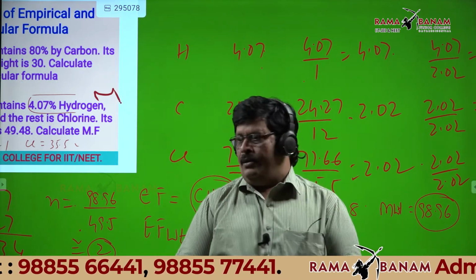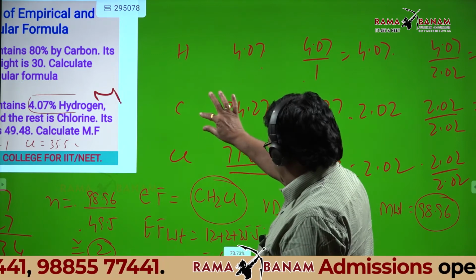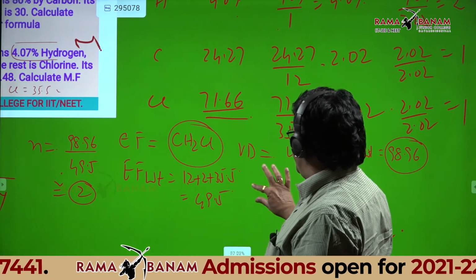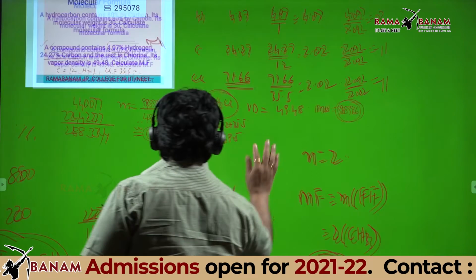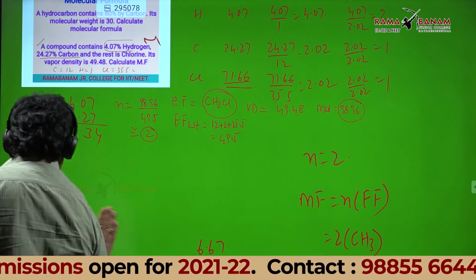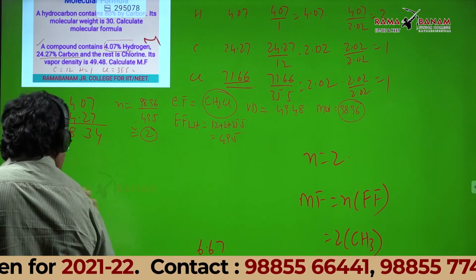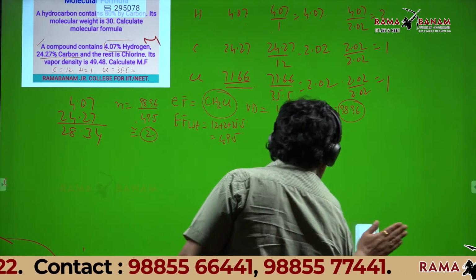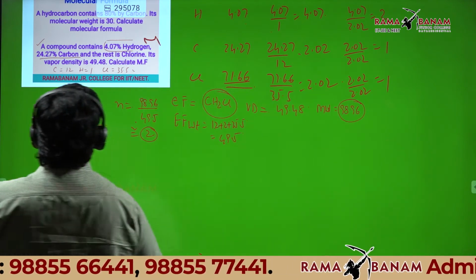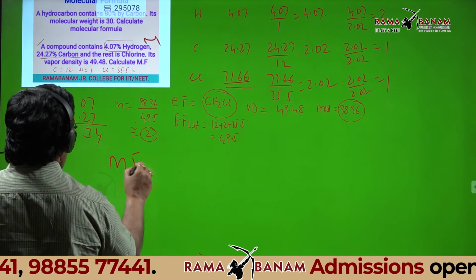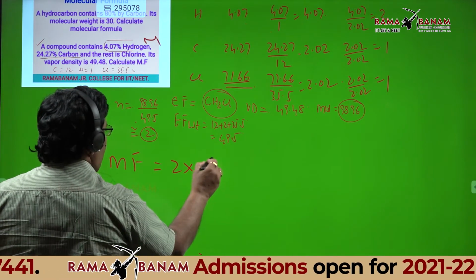So what is the molecular formula? n is 2. Then molecular formula is equal to 2 into empirical formula.